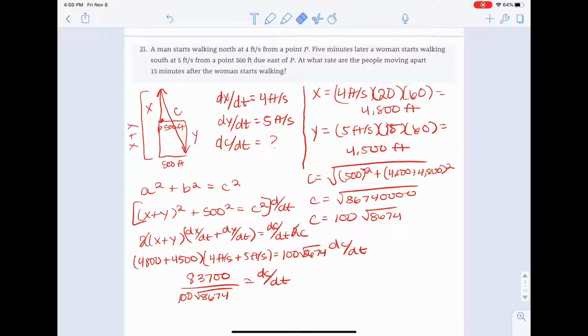So we're going to make this new value 837 divided by the square root of 8,674. And we have to notice the units. So the rate at which the distance the people are moving apart is going to be 837 divided by the square root of 8,674 feet per second.